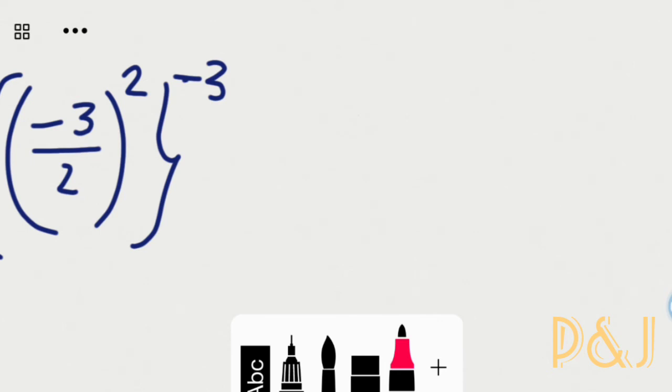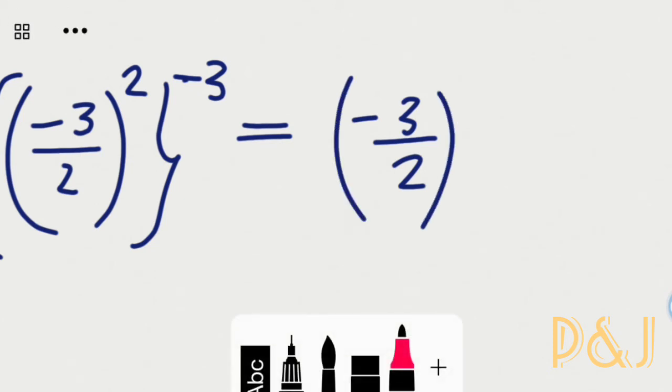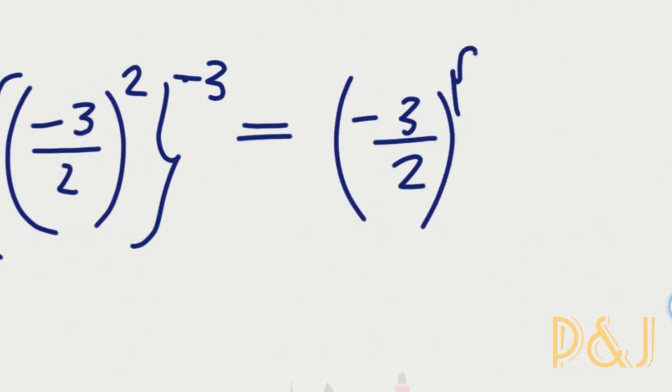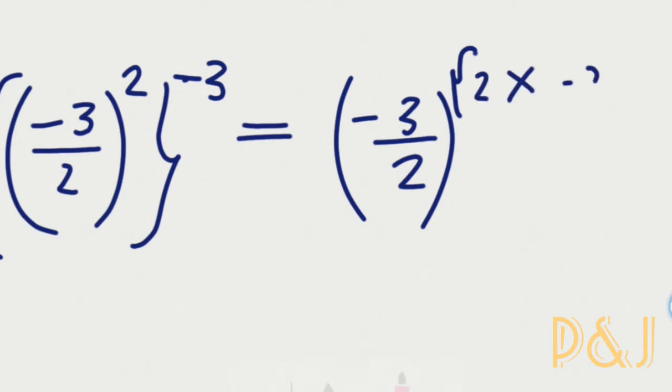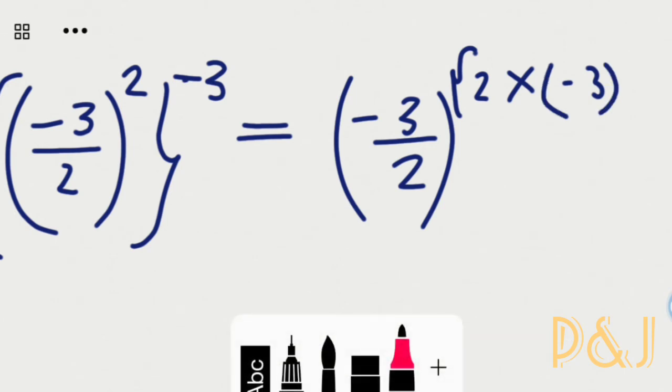So this will be written as minus 3 upon 2, raised to the power 2 multiplied by minus 3.